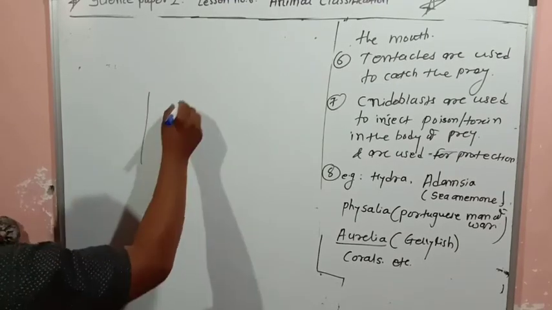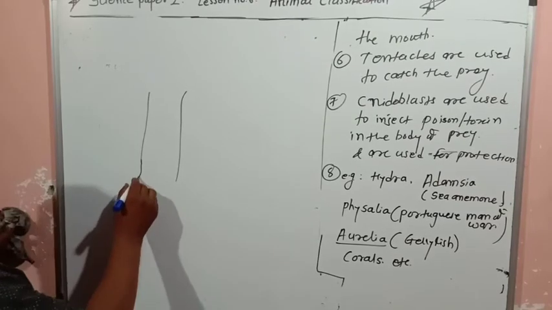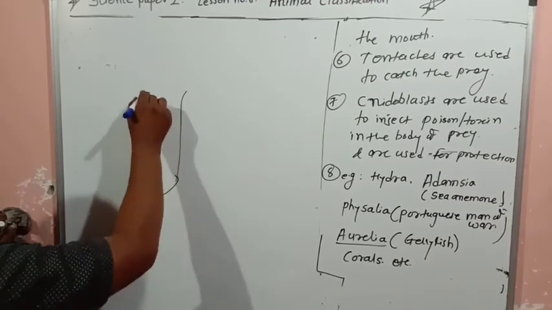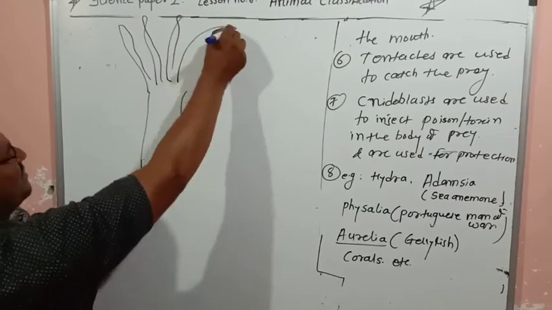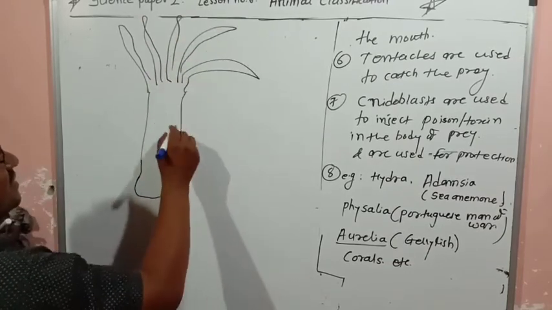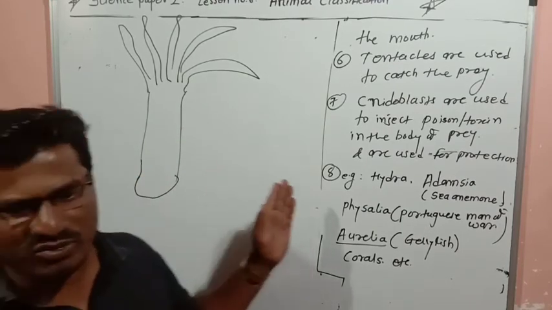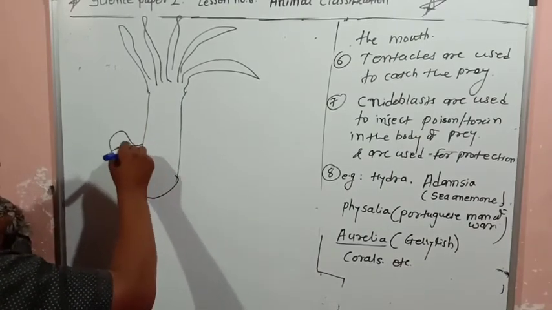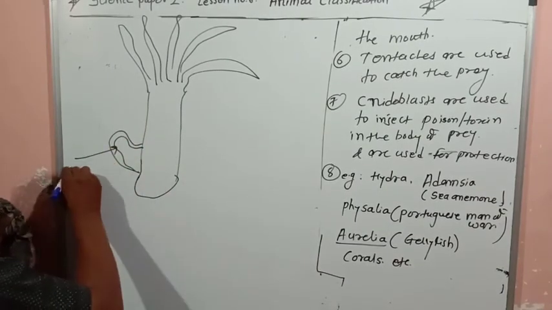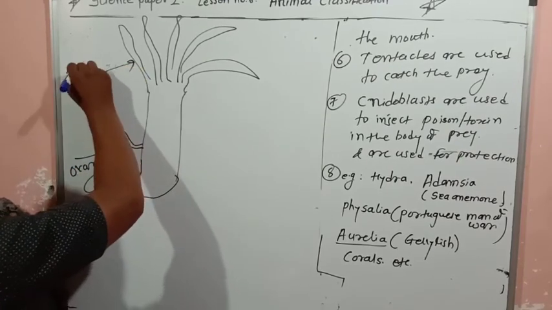In case of hydra, the body is like this way, and here tentacles are there. You can label the names. Here an ovary-like structure will be there, you can see the ovary. These are the tentacles.